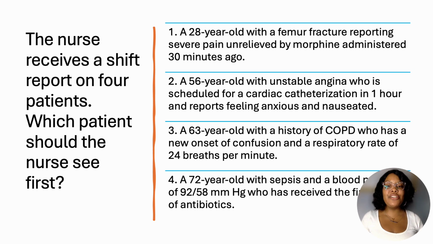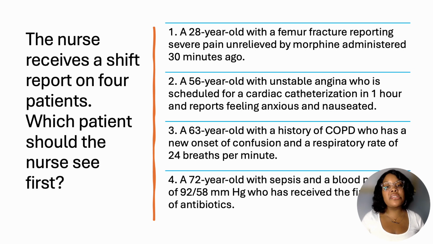All right, so this one should be a giveaway. So the answer is going to be the 63-year-old with a history of COPD, but they now have a new onset of confusion and a respiratory rate of 24 breaths per minute. So you remember in the previous slide when I talked about changes in mental status, I said one of the reasons behind a change in mental status could be the lack of oxygenation, and this could very much be what that patient has going on.